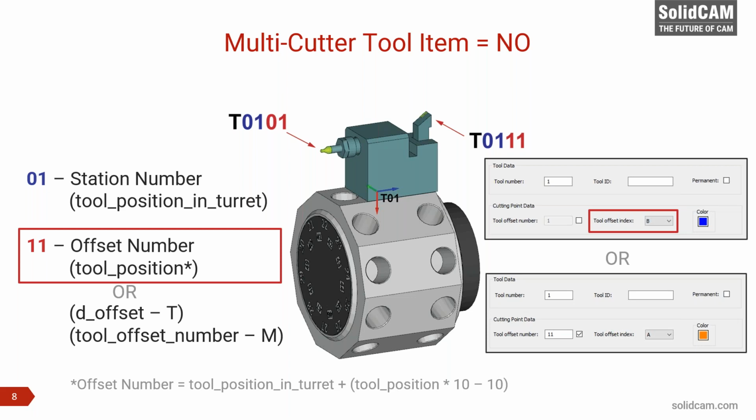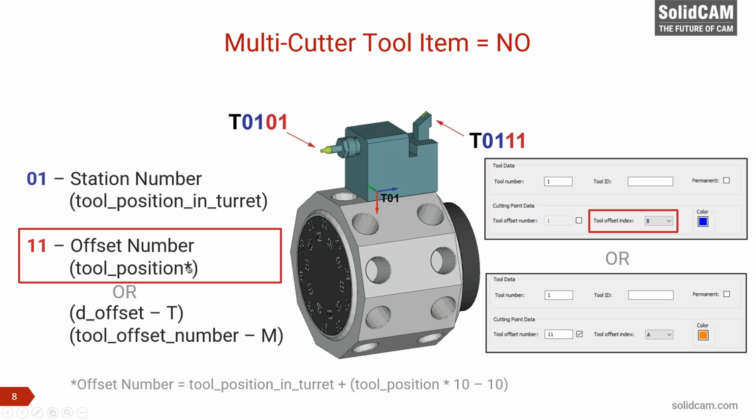Every time the customer knows that, for example, I only have 2 tools maximum per my turret, per my station, sorry, it means that my offset for the main spindle will be from 1 to 10, but for my back spindle will be from 11 to 20. In that case, I will definitely use my tool offset index as A, B, C, D. In this case, it will be only up to B. And the tool position variable can be used.